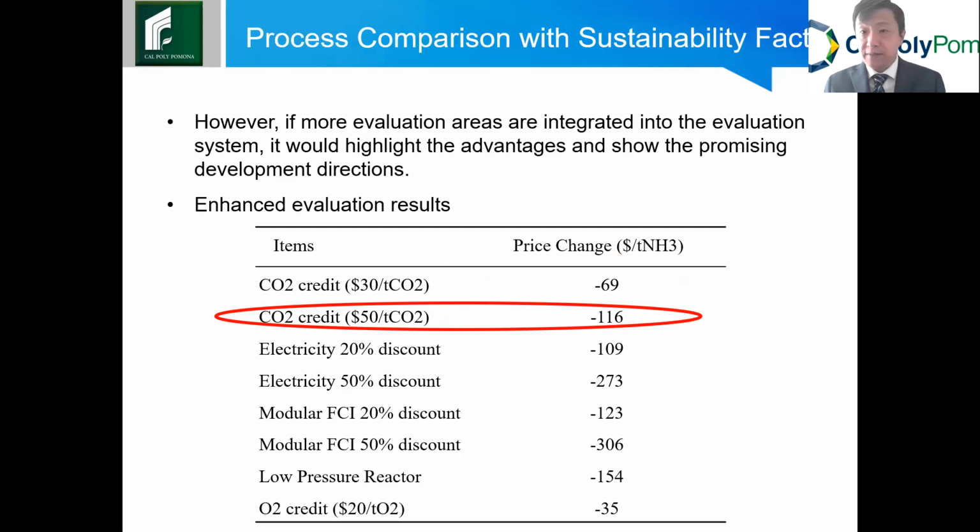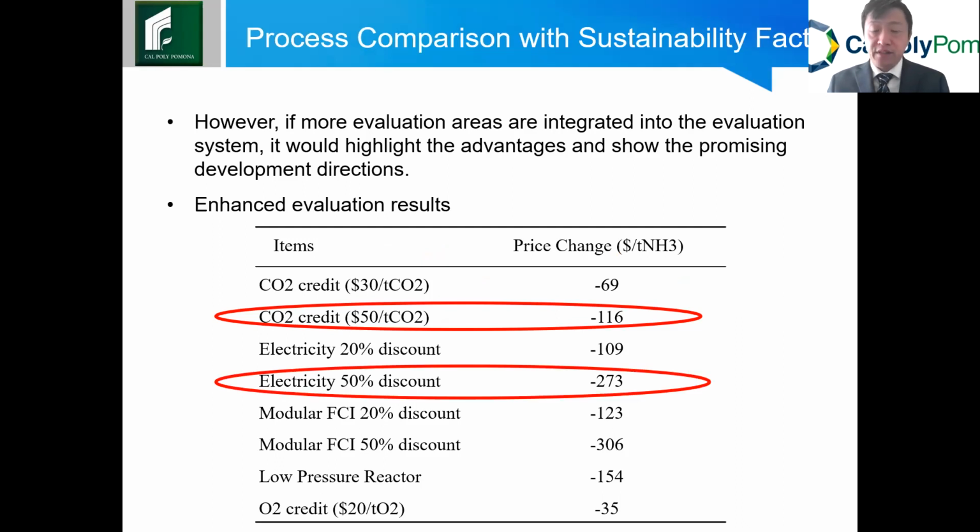if we integrate the CO2 credit into our consideration, this could reduce the price by more than $100. And if we have a discount from the wind-based renewable electricity, we could also reduce the ammonia price dramatically. For the new technology, we have dozens or even hundreds of small-scale plants, and those are identical.